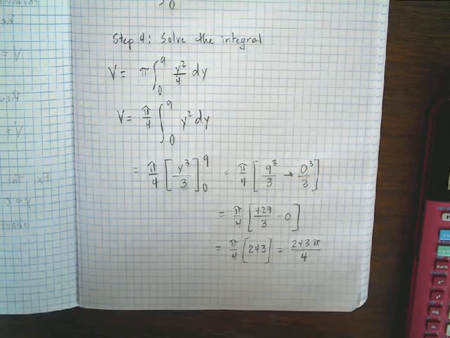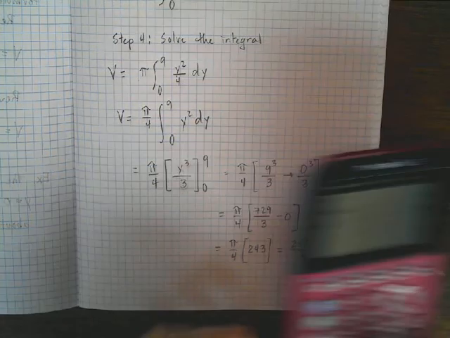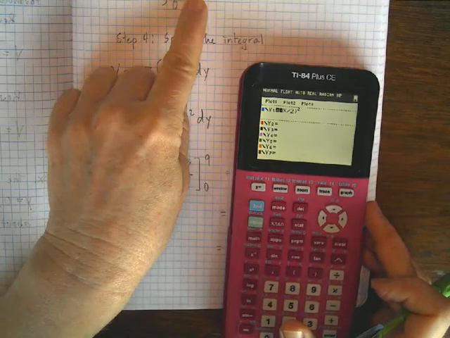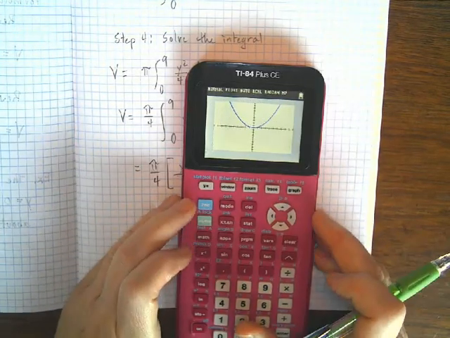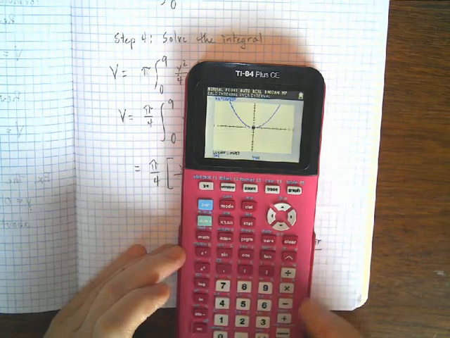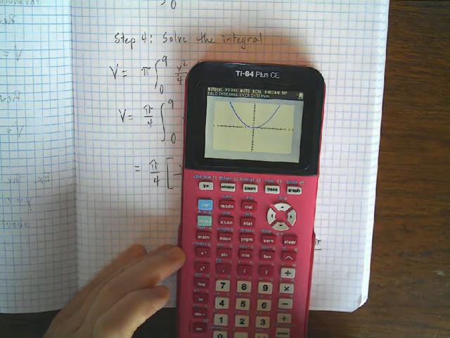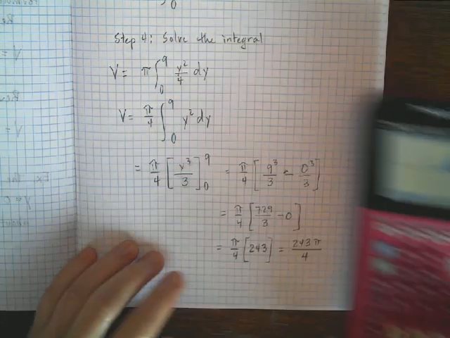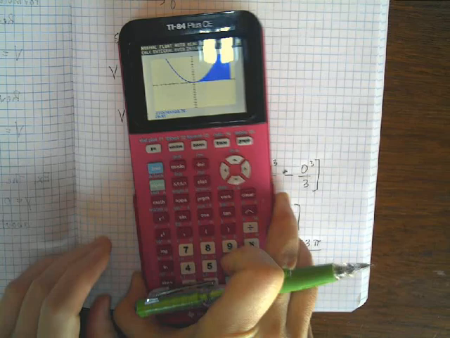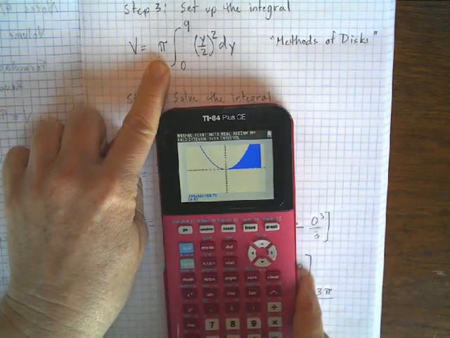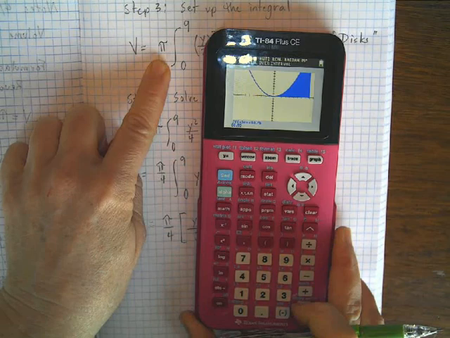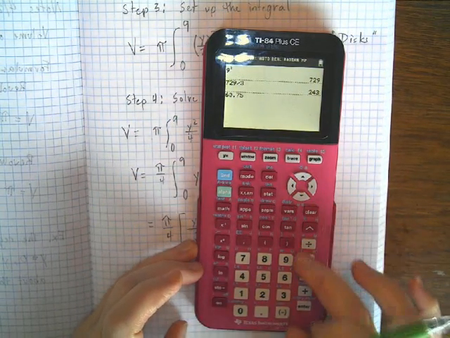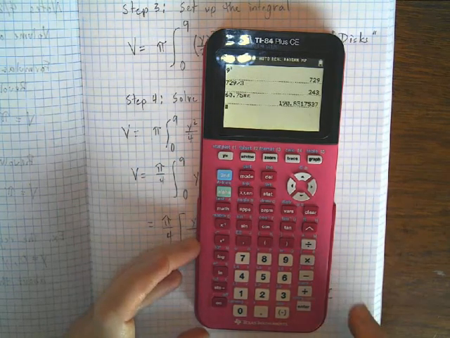Now if I want to check that on my calculator, I'm going to go back to that y equals, and now I'm going to graph it and use my integral from 0 up to 9. So it would be 60.75, and then I have to multiply by pi. 60.75 times pi is 190.8.